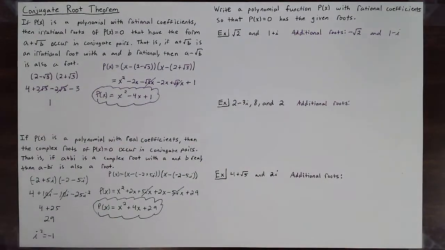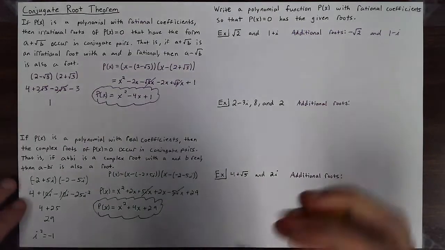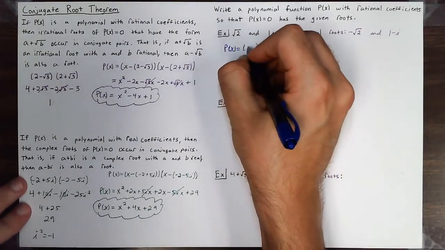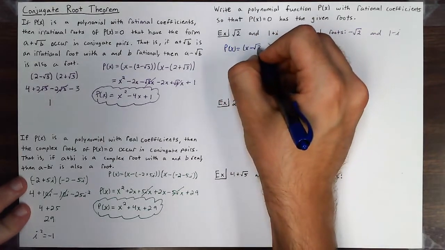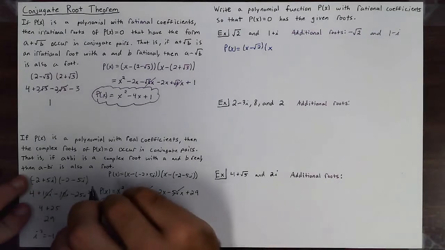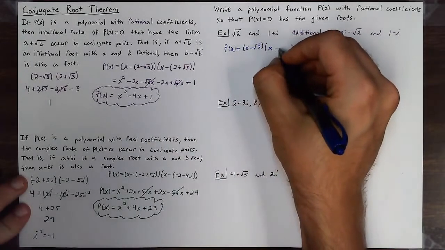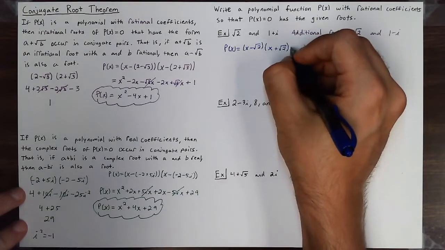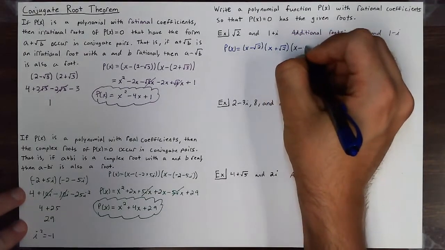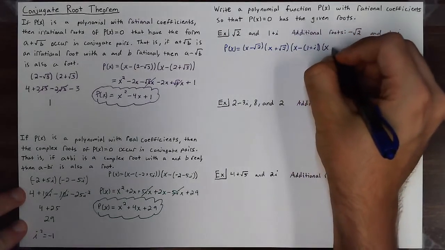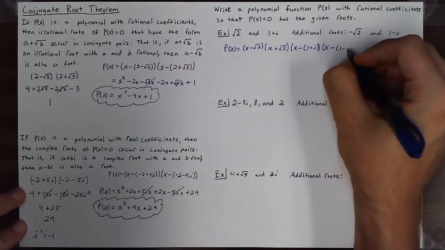And I can go ahead and write out my polynomial. P of x is equal to x minus the square root of 2 times x minus negative square root of 2, which would just be x plus the square root of 2, times x minus 1 plus i times x minus 1 minus i.